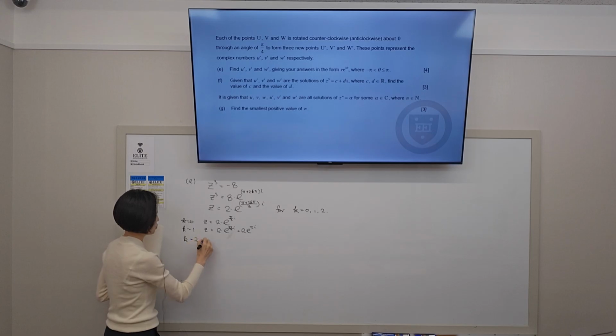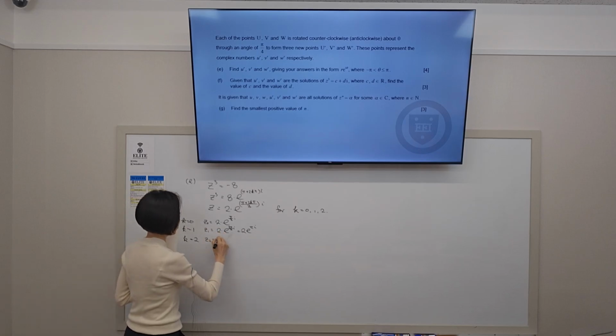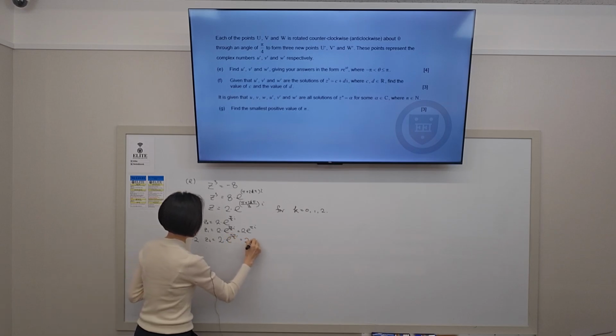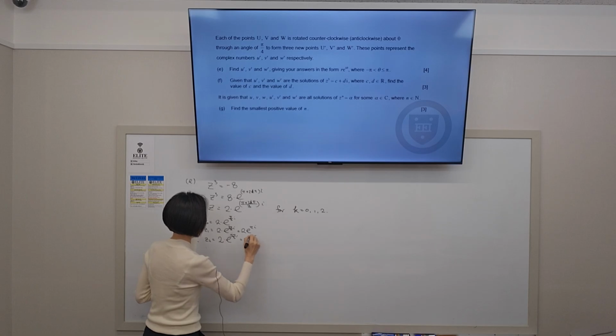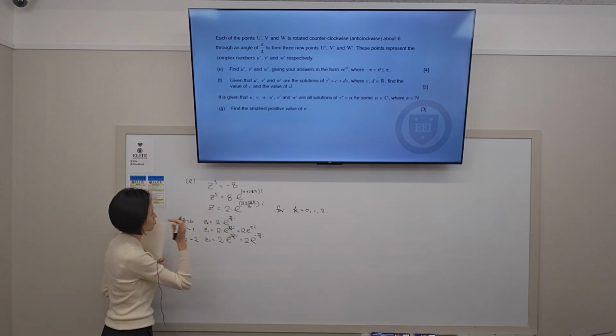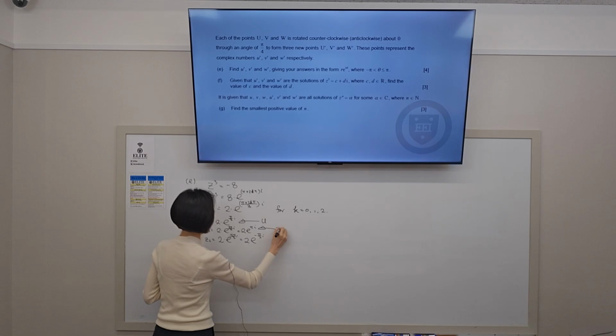K equal to 2, Z equal to 2 times e to the 5 pi over 3i, which is negative pi over 3i. So that's when k equal to 0, that's U, that's V, that's W.